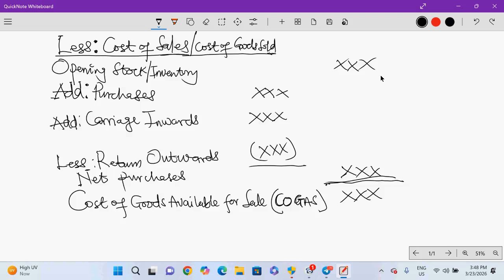But it will also affect our income statement as well. Drawings for personal use, yes, I know that it will affect the statement of financial position. But once the person takes it, it means we have to reduce the inventory balance. So less goods withdrawn, right? That is what I want to hear. Less goods withdrawn by the proprietor for personal use.